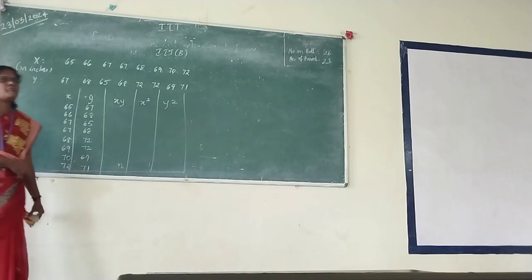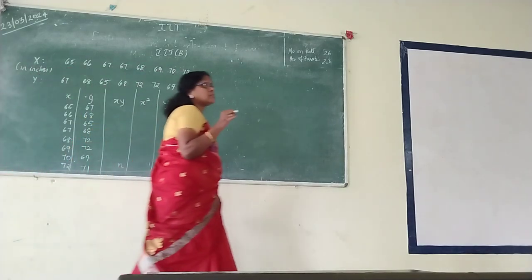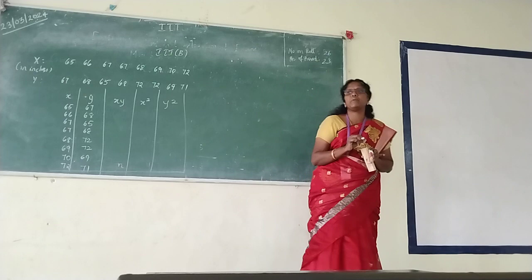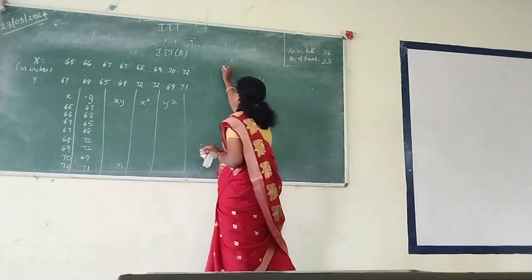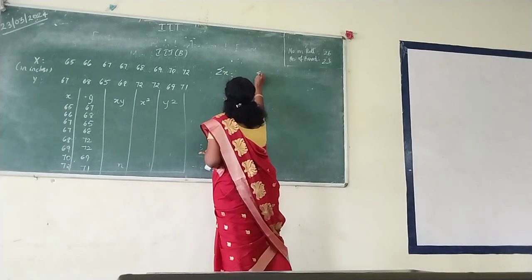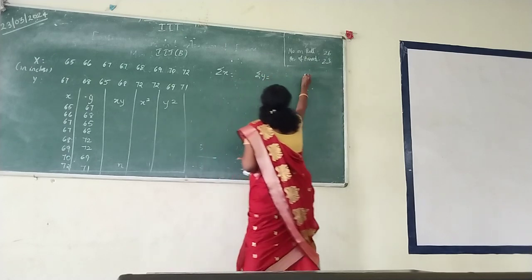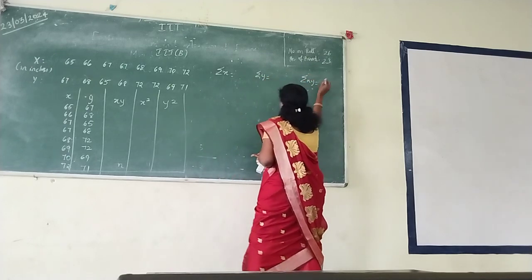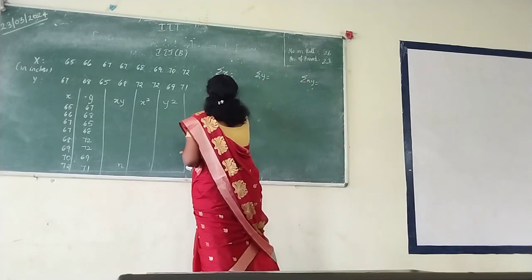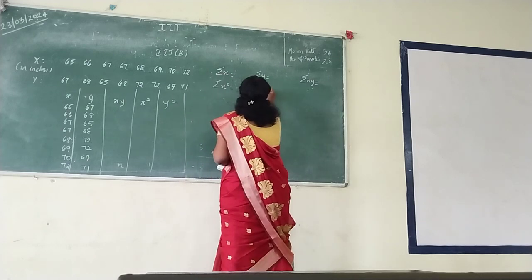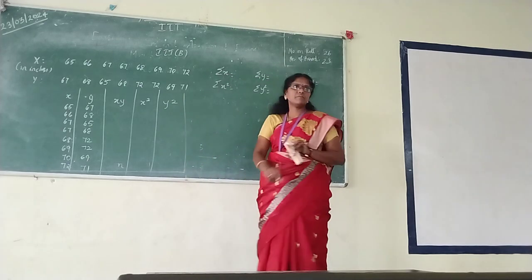Do it. If you miss one value here, the entire thing will go wrong, so be careful in forming the table. You need to give me the answer for summation of x, summation of y, summation of xy, summation of x square, summation of y square. Do it.